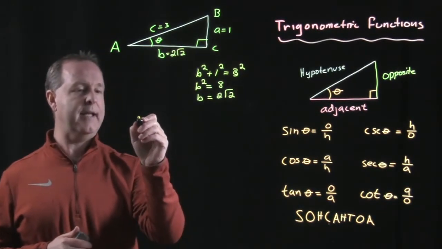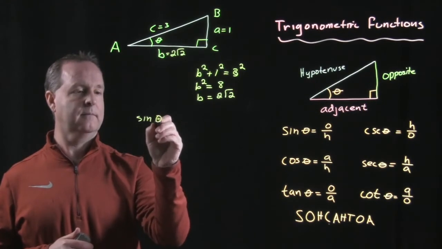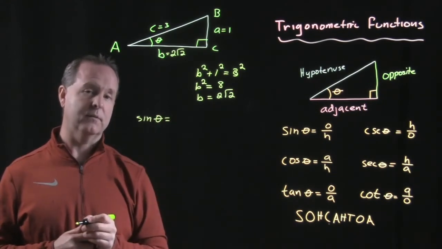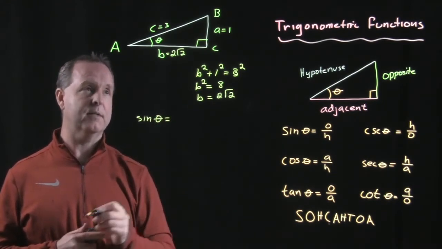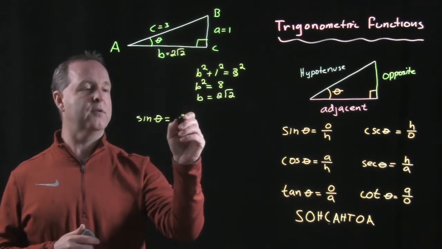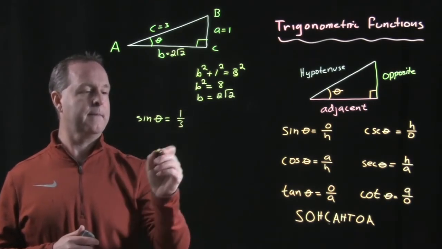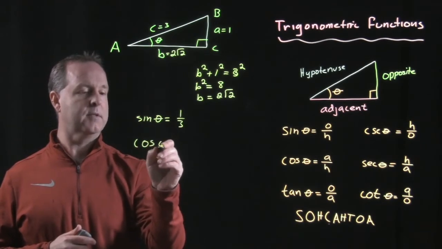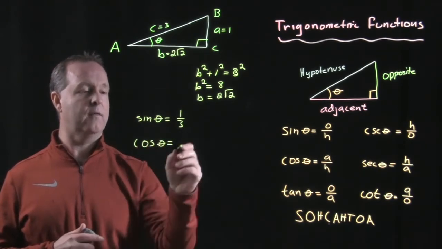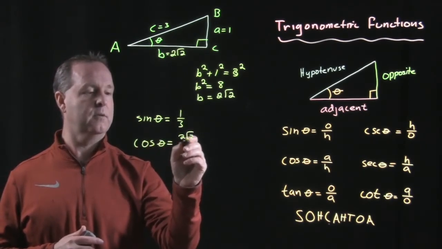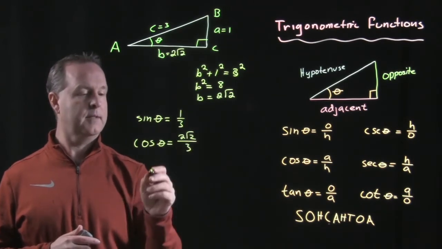So our sine of theta equals, do you remember yet? Opposite over hypotenuse, so that's 1 over 3. Cosine of theta is adjacent over hypotenuse, which is 2 root 2 over 3.